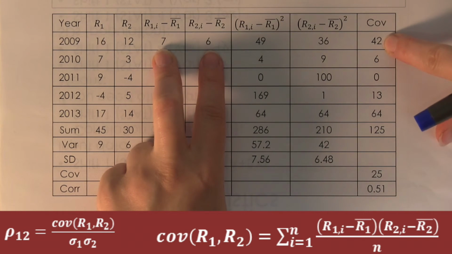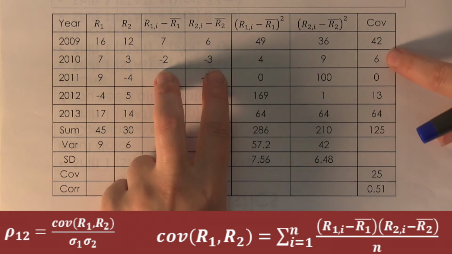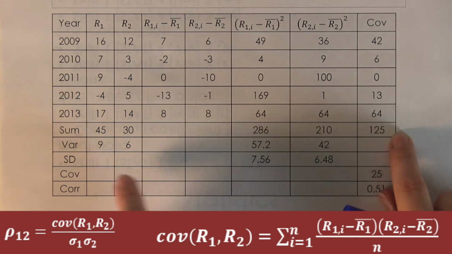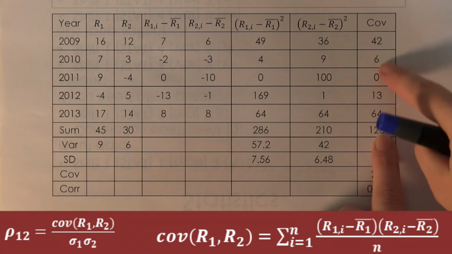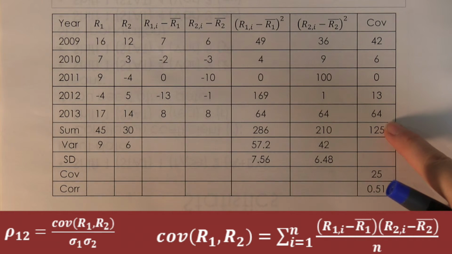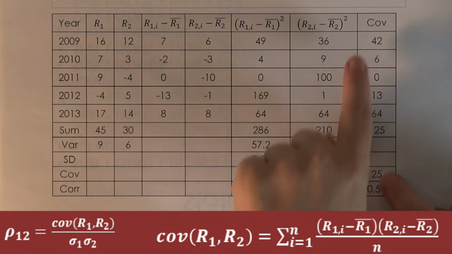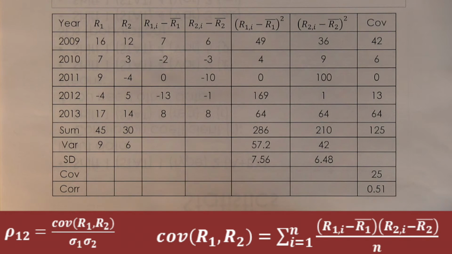That would be part of the covariance calculation. So 7 times 6 is 42, minus 2 times minus 3 is 6, and so on. Then I need to calculate the sum of them, and then divide that by 5, because I have got 5 data points. So that is this part.